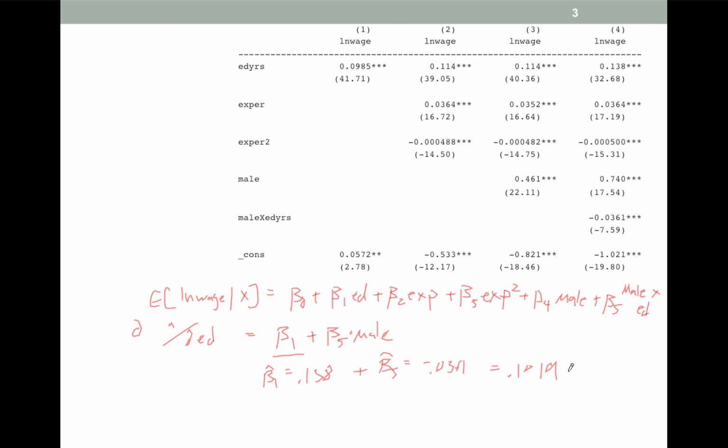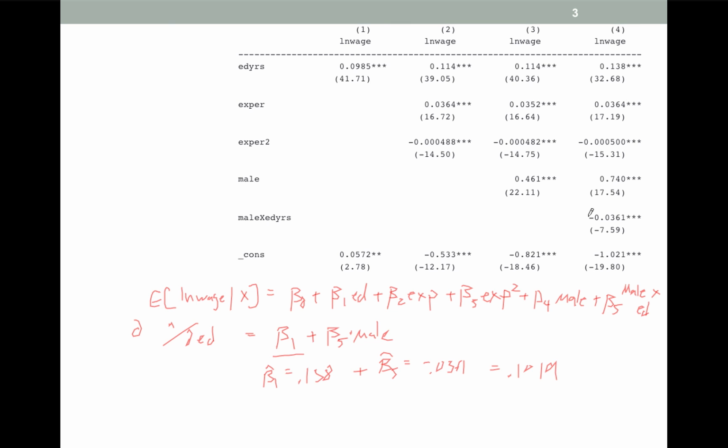Now beta 5, you'll note, is the difference between the two, and it's negative and highly significant. So we can say that the difference between the returns to education for men and women is highly significant, and the returns to education are about 3.6 percentage points lower for men than they are for women.